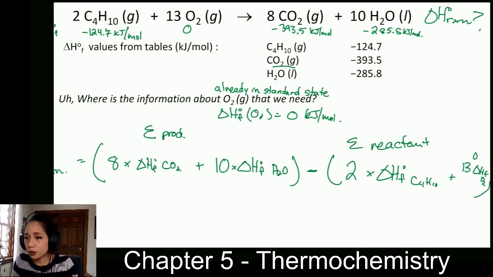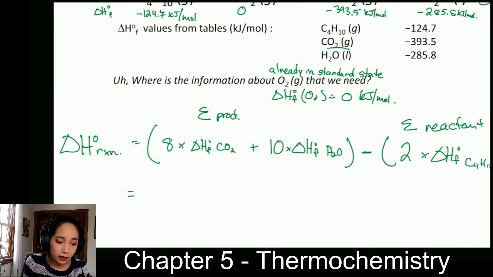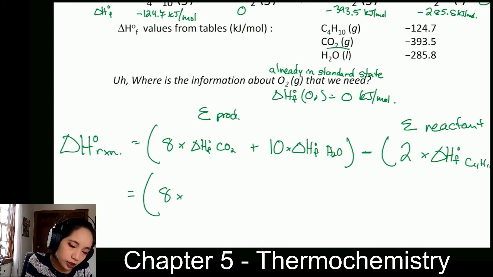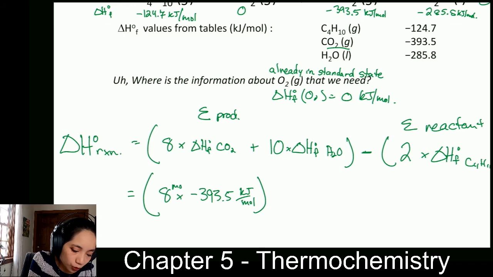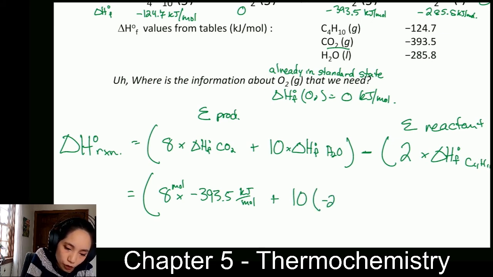So that's how you set up the equation. So now let's actually put in the numbers to get exactly what we want. So sum of the products, it's 8 times, what's CO2? Negative 393.5 kilojoules per mole. So this is 8 moles, so those moles cancel. Whoops, I don't want to put a parenthesis yet. Plus 10 of the delta H's of water, which is negative 285.8 kilojoules per mole.